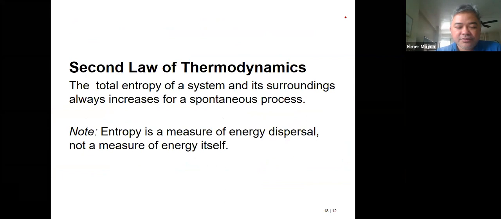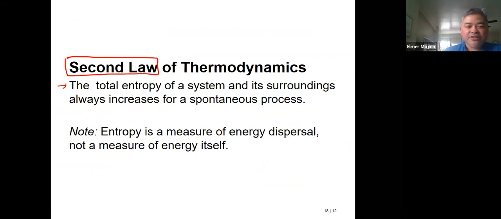Okay, so what they introduce here, since the first law of thermodynamics cannot predict the entropy, they introduce the second law of thermodynamics, and it has something to do with this statement: the total entropy of a system and its surrounding always increases for a spontaneous process.